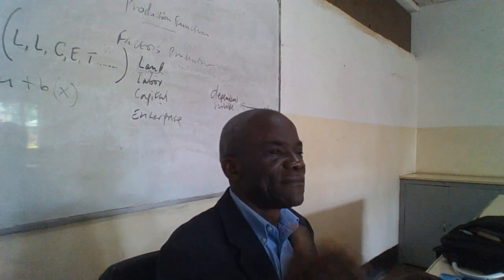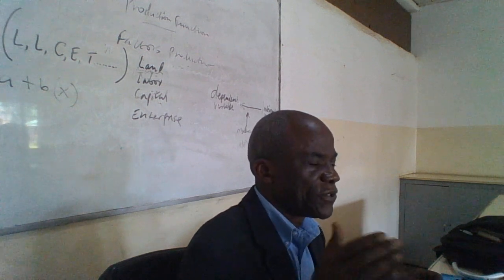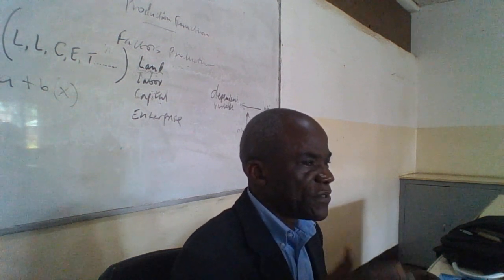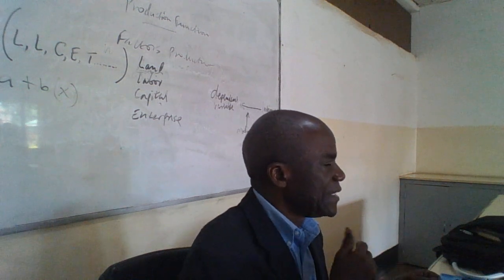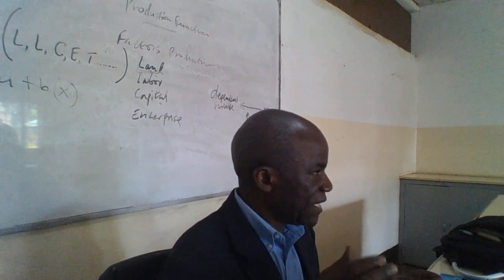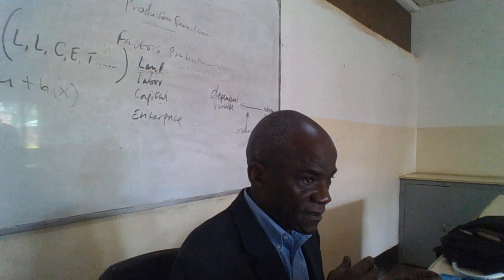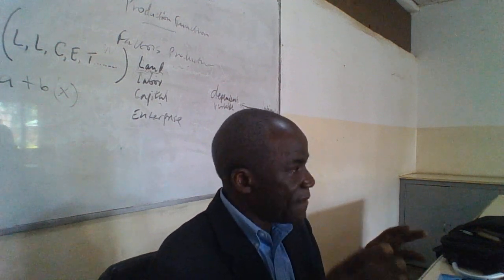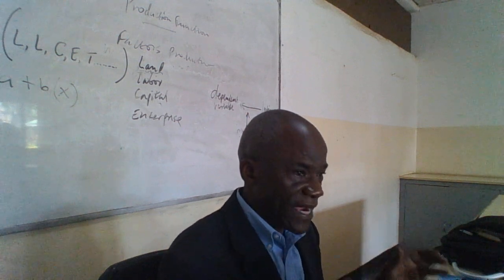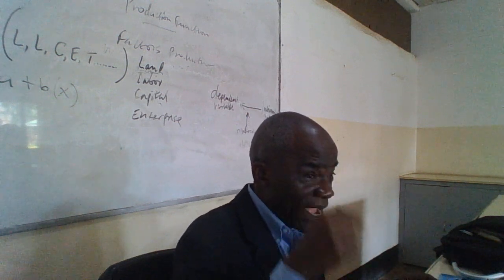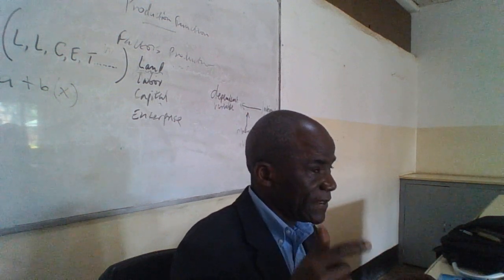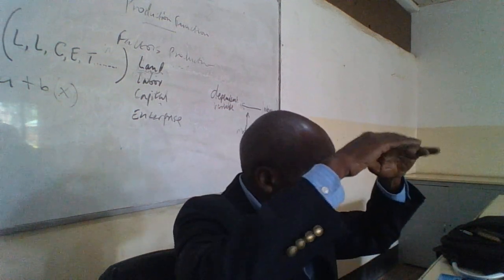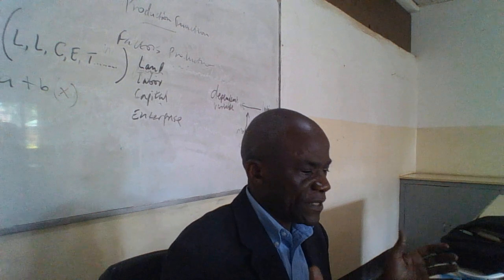Labor, you can divide it into smaller portions or variable units. The capital, you can divide it into variable units. The land, you can divide it into variable units. The technology is the same, but these inputs you can divide them. So you can vary, but you cannot increase the overall inputs that you have.